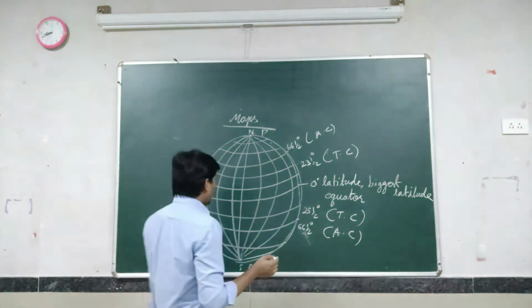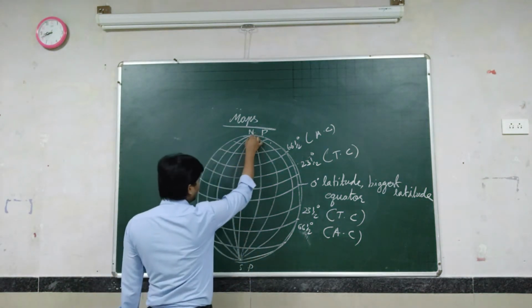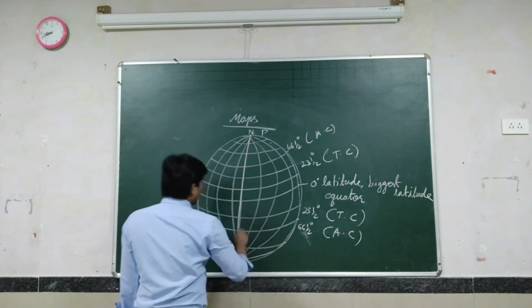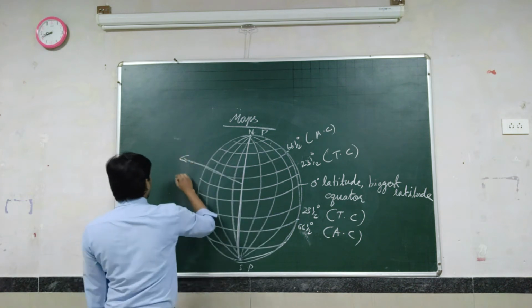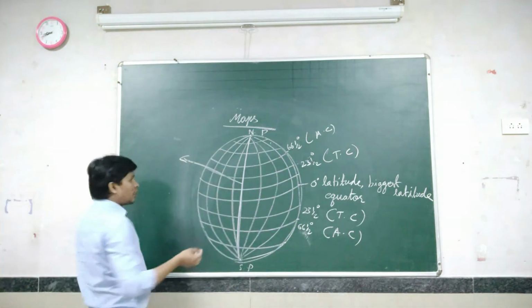One more thing here, 0 degree longitude. What do you say? Prime meridian.